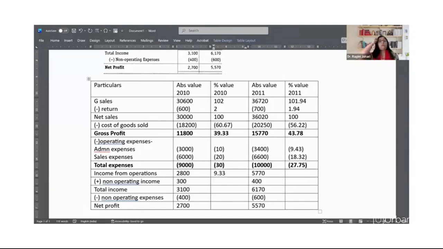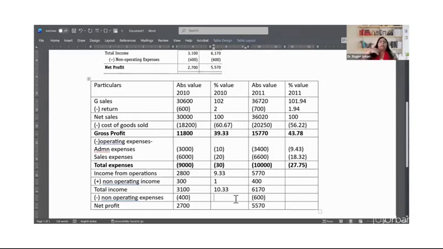which is 9.33%. Then my non-operating income is very little, 300 divided by 30,000, which is just 1%. So total income is how much? 3,100 divided by 30,000, this is 10.33%.